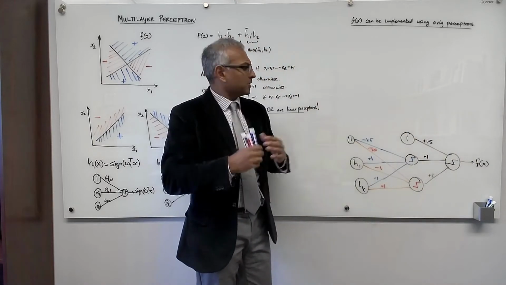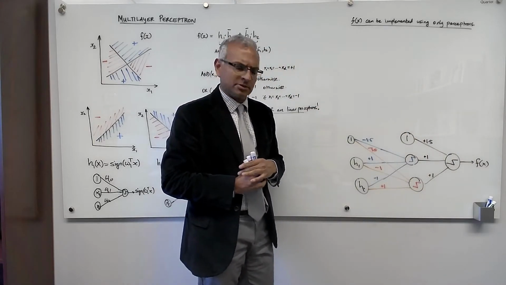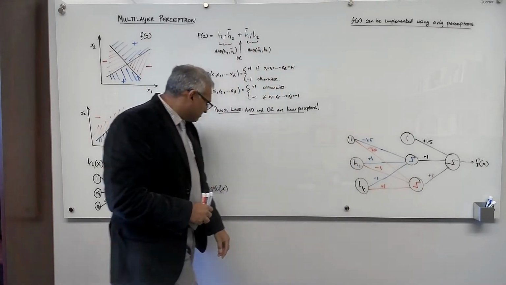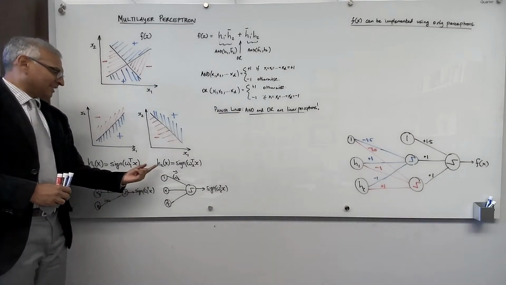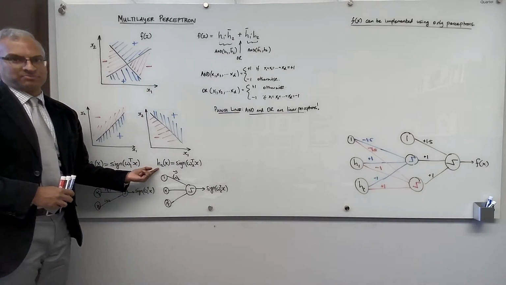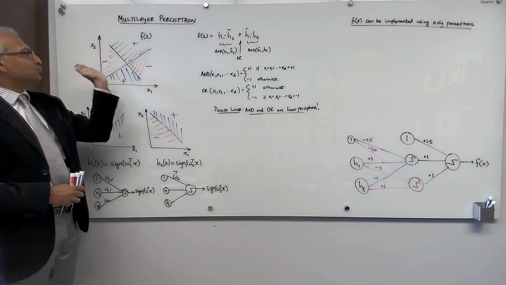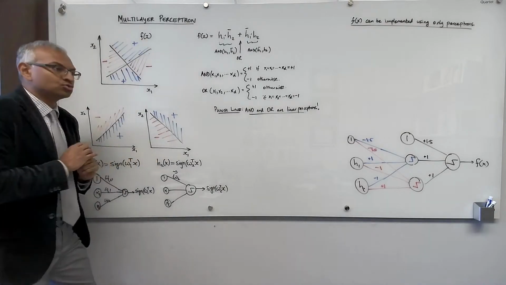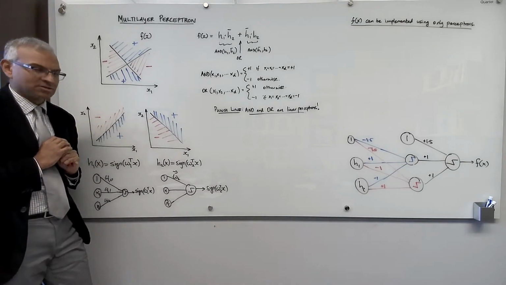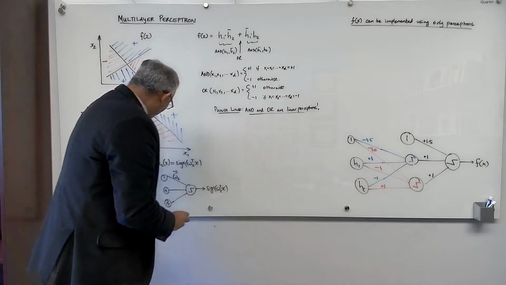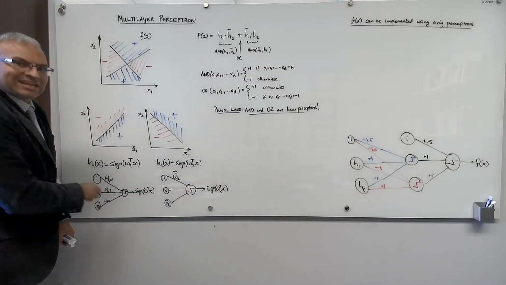Okay, good. But so what? We still need H1 and H2. But H1 and H2 are perceptrons. That was the whole reason why we decomposed this f of x into two lines, because we can implement those two lines as perceptrons. So I can indeed get H1 and H2 from my inputs, x1 and x2.